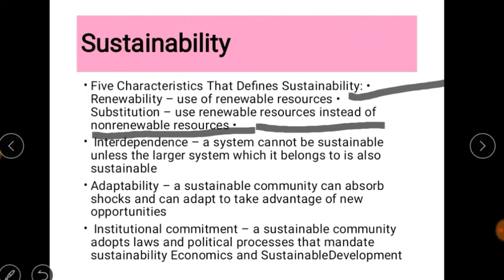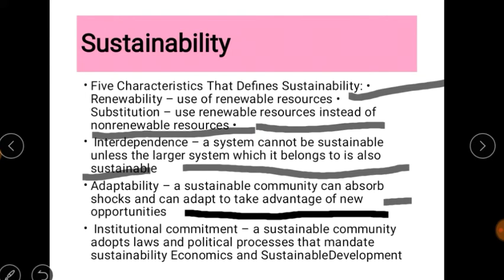Then interdependence, a system cannot be sustainable unless the larger system to which it belongs is also sustainable. Then adaptability, a sustainable community can absorb shocks and can adapt to take advantage of new opportunities.